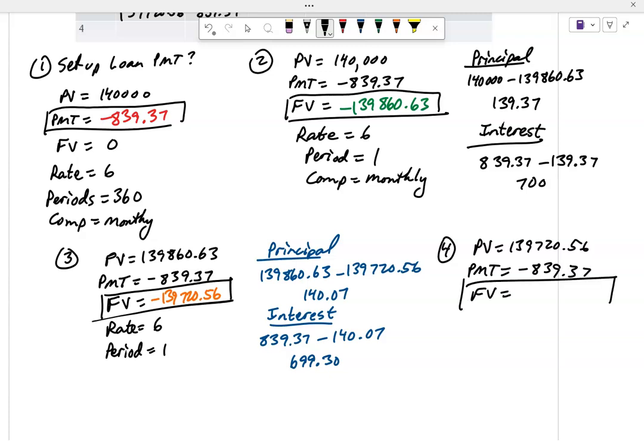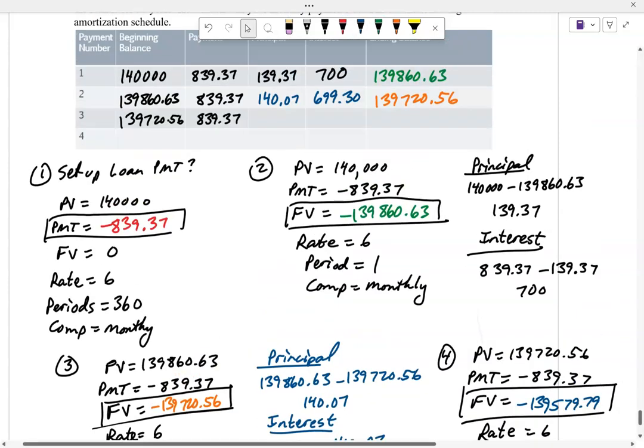What do I owe after 1 month? That's 6%. 1 month. Click on that. That'll give you $139,579.79. So that goes right up here.